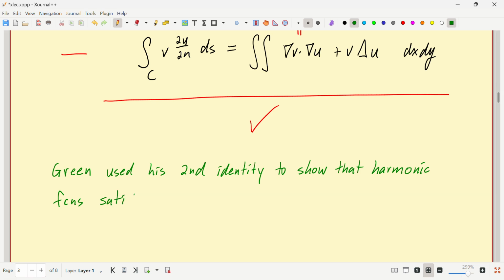That's a beautiful argument, so I thought I'd give it to you now that we have all these famous identities. Harmonic means C2 smooth, and the Laplacian is identically 0.